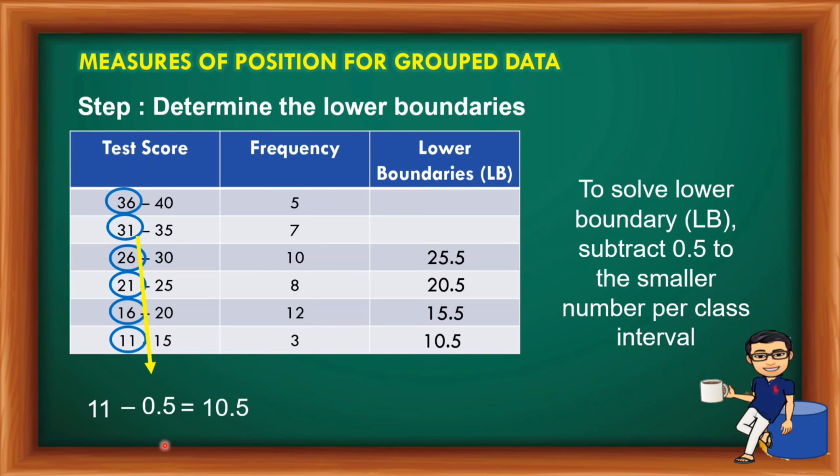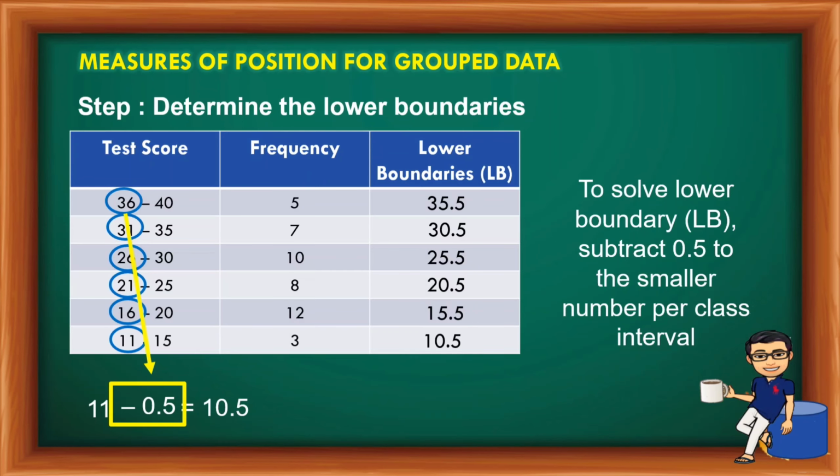So we have 31 minus 5/10. The answer is 30 and 5/10. Then the last one is 36. 36 minus 5/10. The answer is 35 and 5/10. So yan yung una nating aalamin, the lower boundary. Kailangan natin yan later on kapag i-apply na natin ng formula.